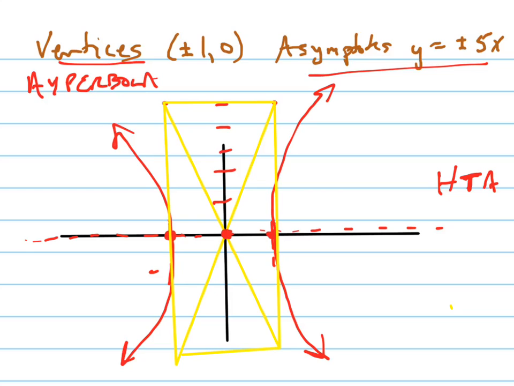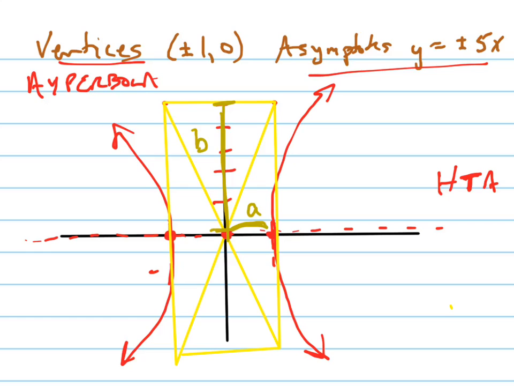That box right there tells you all of your A's, B's, and C's. In this case, my A is going to be right here. That's A. And my B is the distance from here to there. That's B.